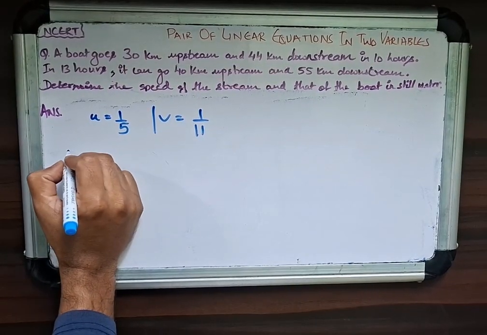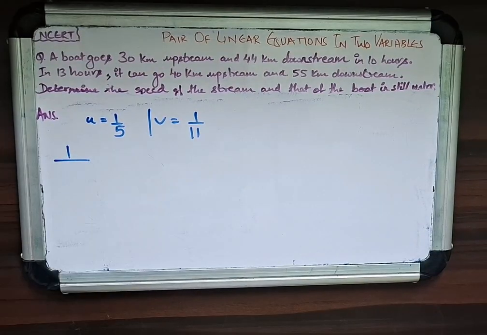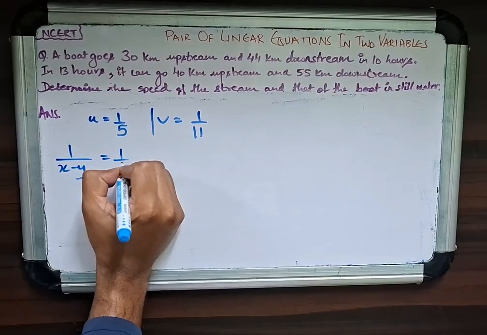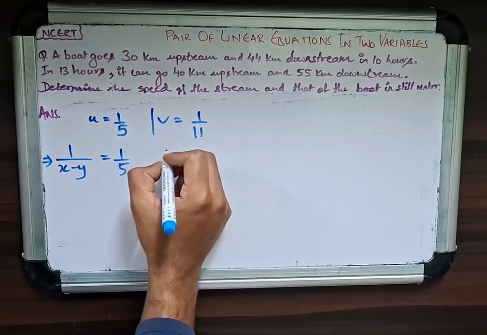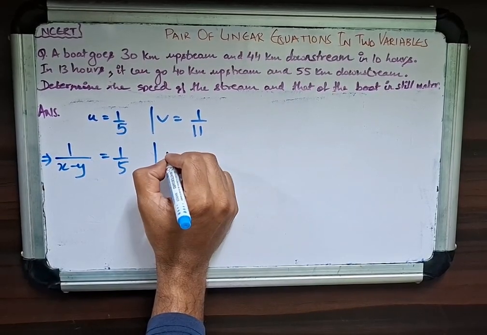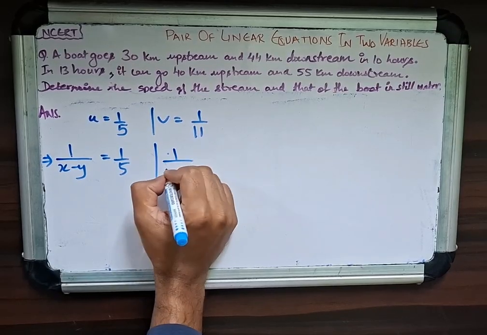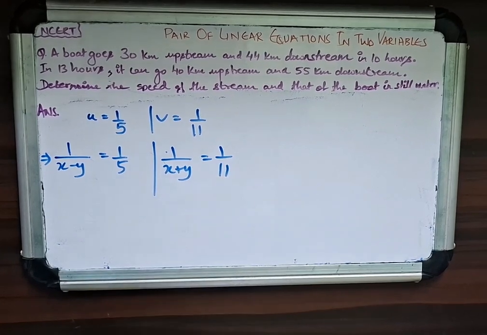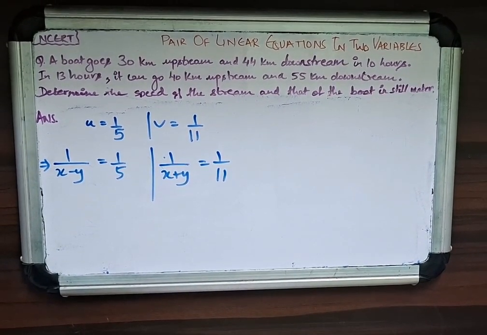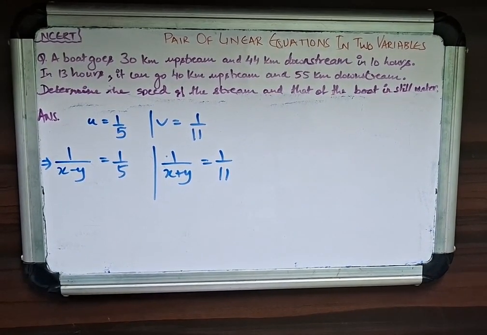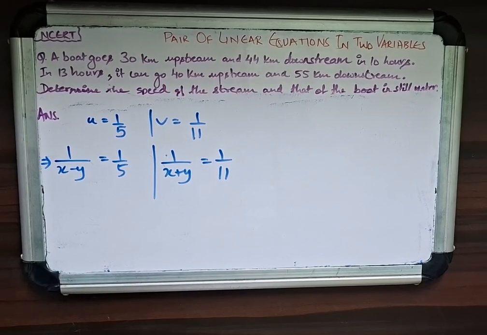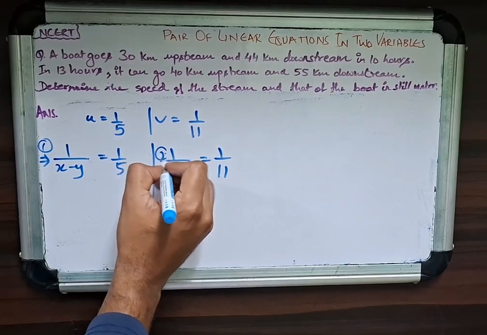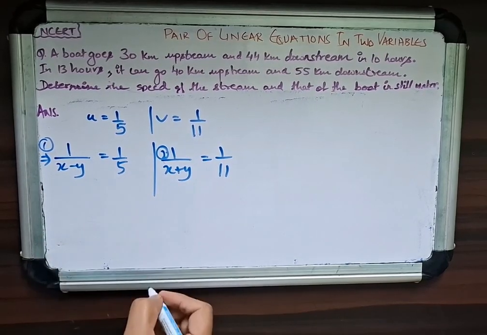And u is equal to 1 upon x minus y and v is equal to 1 upon x plus y, which is now equal to 1 upon 11. So you again have two equations that you need to solve. These are simple ones.